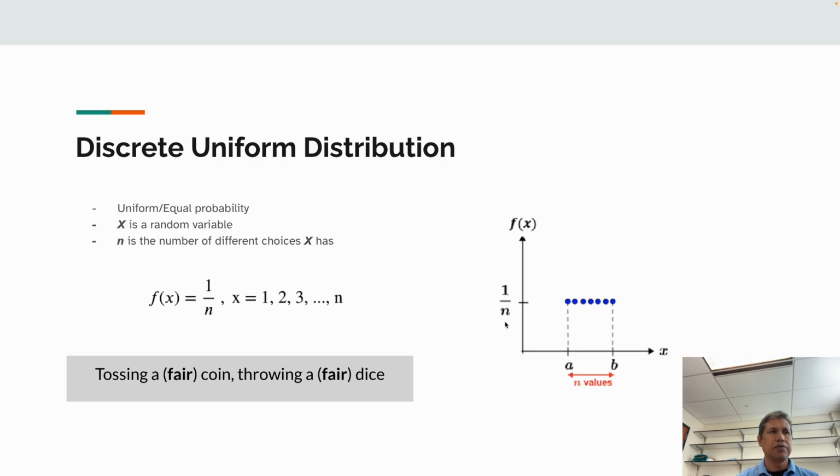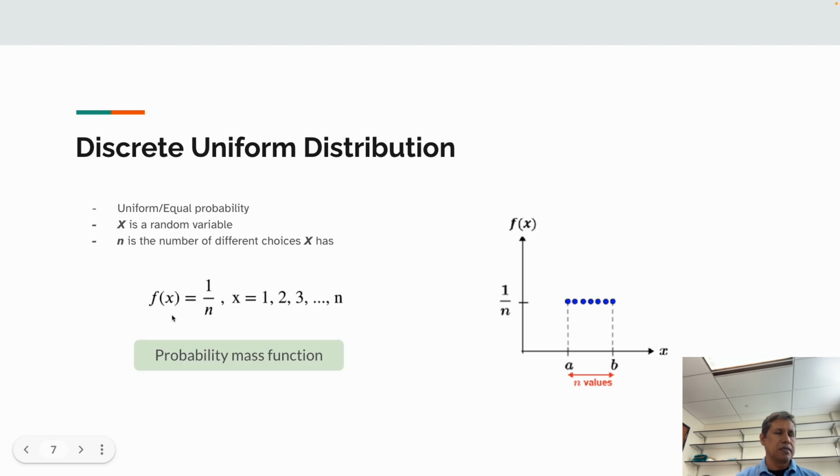If n is 2, then we can connect back to our coin example. But if you put n equal to 6, then it is a throwing a dice example. When your variable is discrete, we call it a probability mass function. So this is the probability mass function definition for uniform distribution.